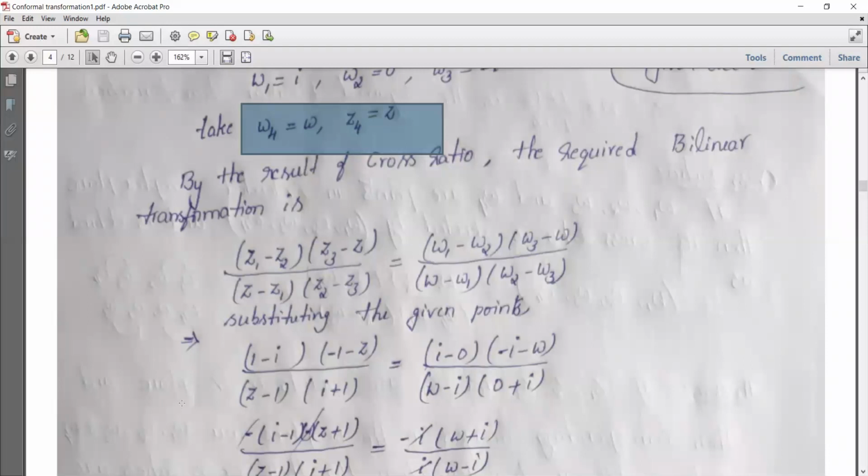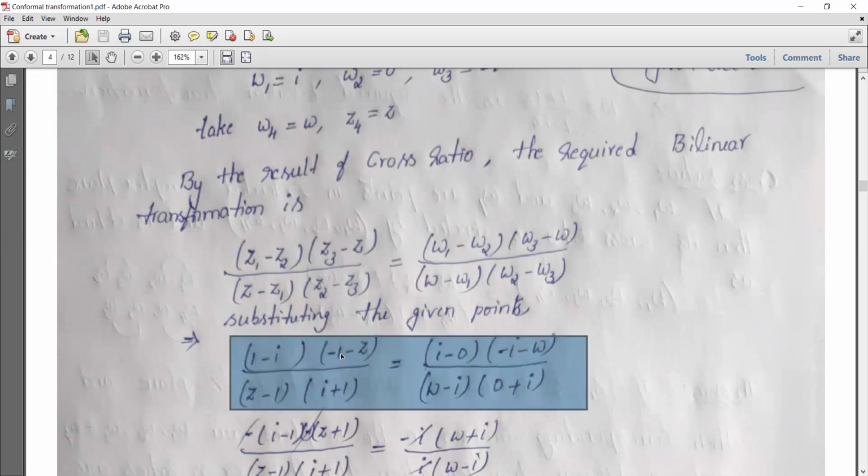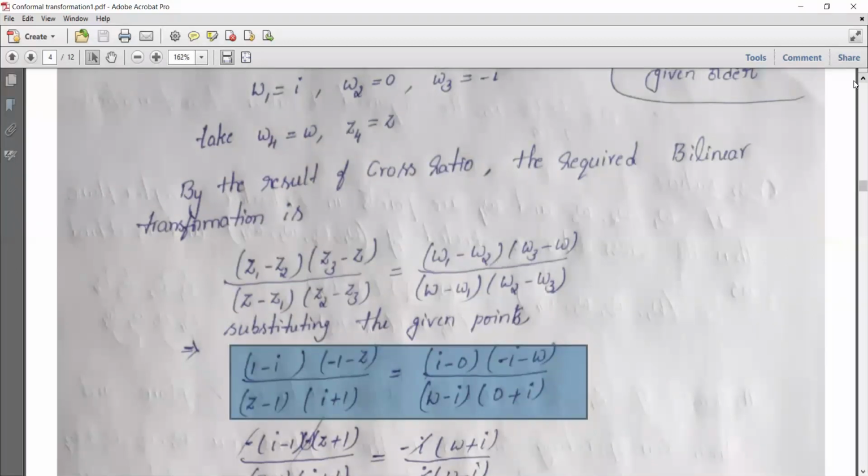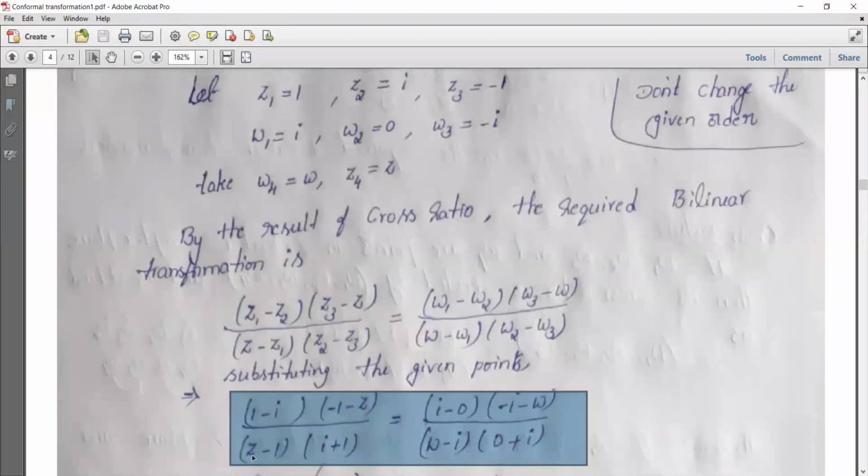After substituting, we get (1 minus I)(minus 1 minus z) by (z minus 1)(z2 minus z3). z2 minus z3 is I minus of minus 1, that is I plus 1, which is equal to, here w1 minus w2 is I minus 0, into (minus I minus w) by (w minus I)(0 plus I).